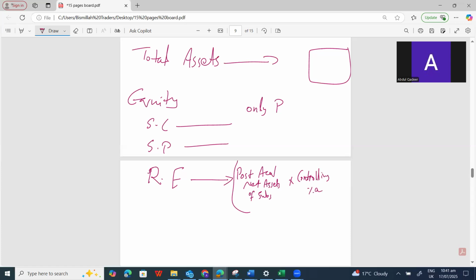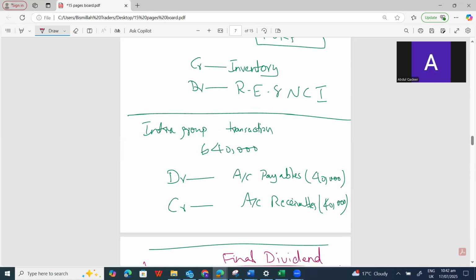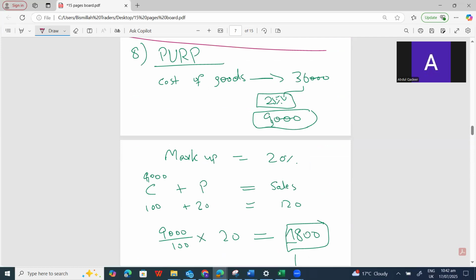Remember the formula, please. Then minus PERP. Here, as I have said to you, the post acquisition net assets figure is very important.